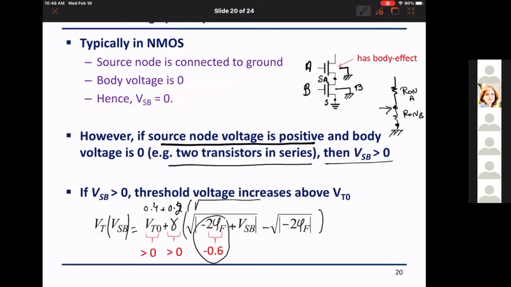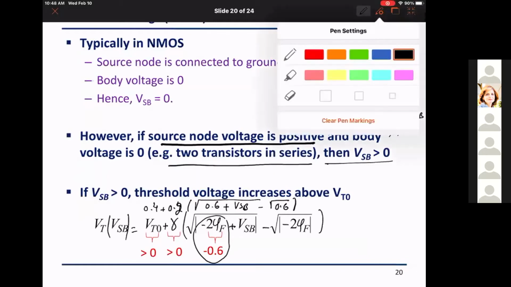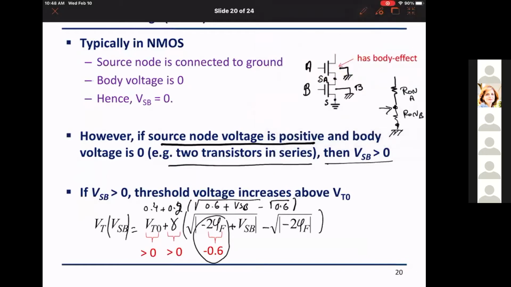Let us say this is 0.6 plus VSB, okay, minus the square root of 0.6, right? So anytime my VSB is positive, this term is going to be greater than 0, and I'm going to have a term added to my VT0.